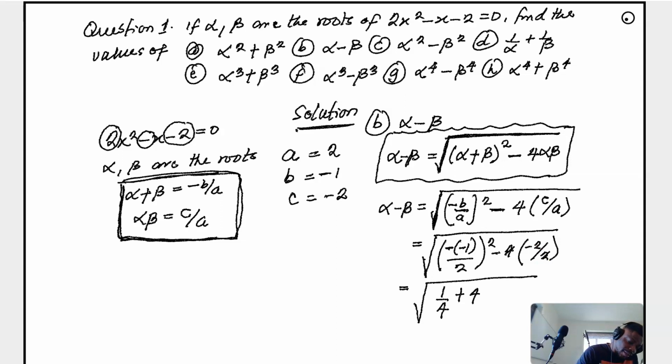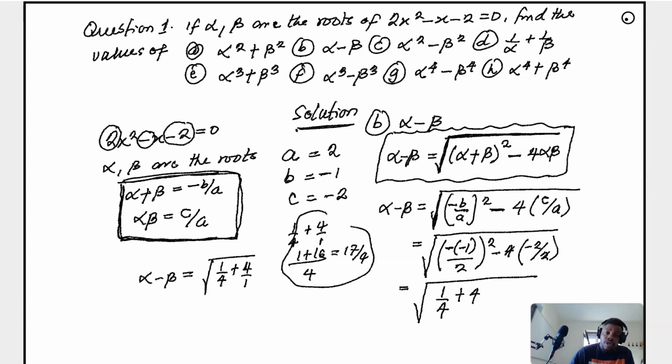So here, I can say alpha minus beta is equal to square root of 1 over 4 plus 4 over 1. Remember, you know how to do this already. 4 times 1 is 4. 1 times 1 is 1. 4 times 4 is 16. That is 17 over 4.